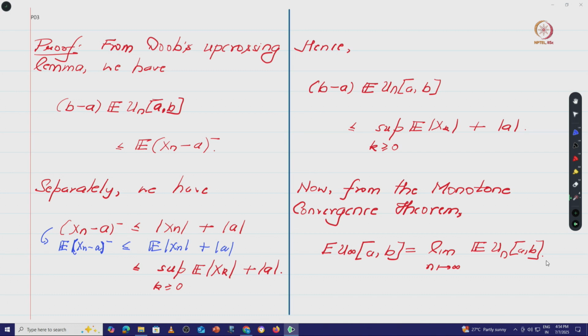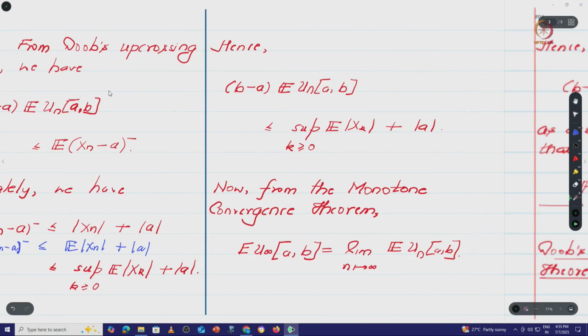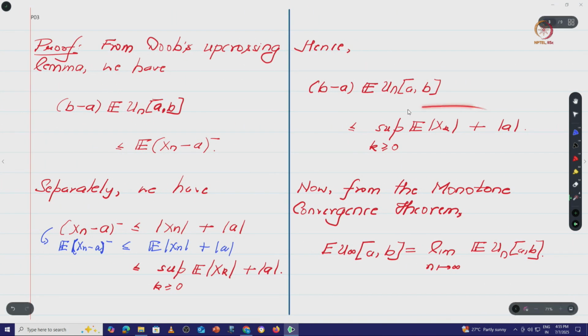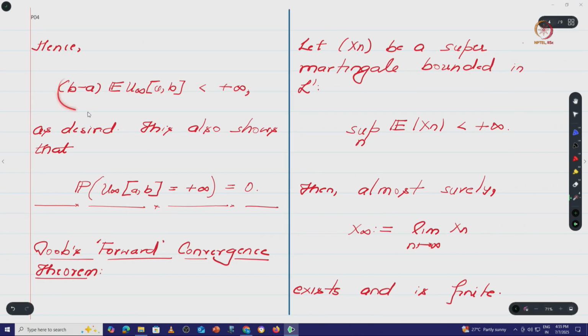Because each of these expectations is upper bounded by this, we can conclude that (b minus a) times the expected value of U infinity of AB is less than this. Because of the given condition that your Xn supermartingale is bounded in L1, one can conclude that this is less than infinity, to finally infer that (b minus a) times the expected value of U infinity AB is less than infinity, as desired.